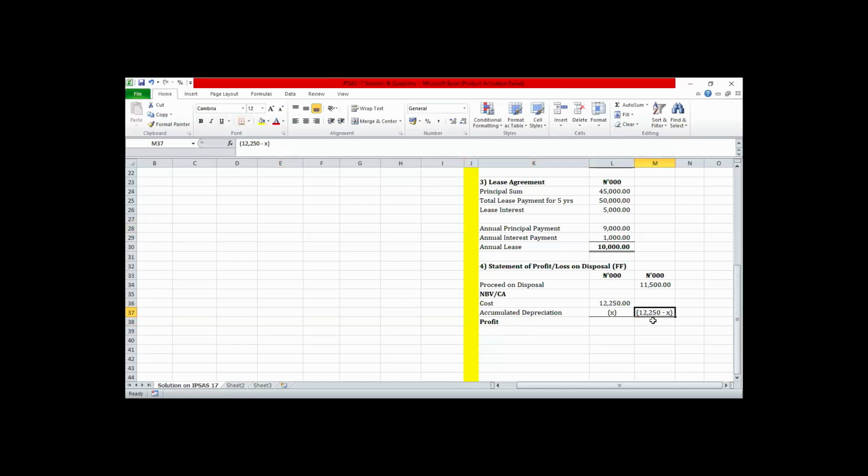When we less it from the proceed, we have a profit of how much? 750. Is that not so? It is.